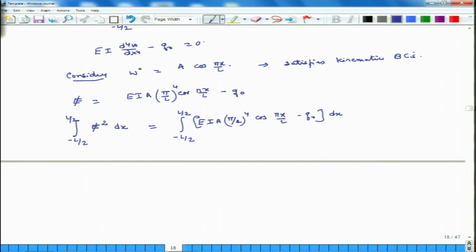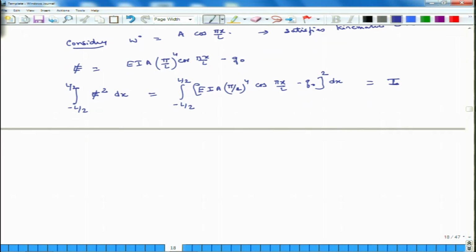So, this is the square of error. Let us call this some integral I. So, this is the square of the error integrated over the domain, and I call it I.